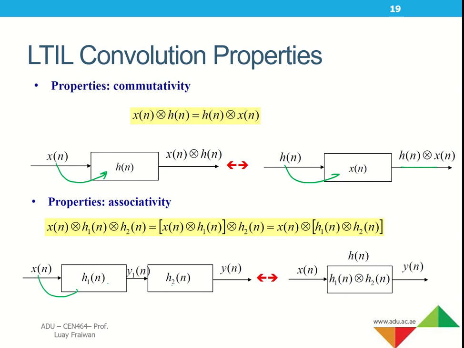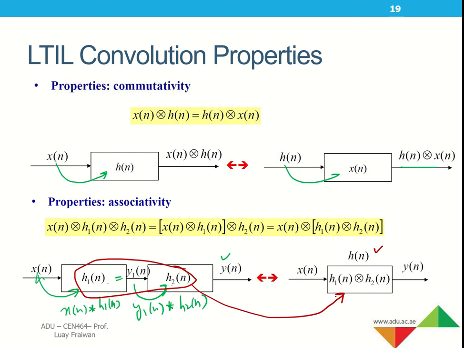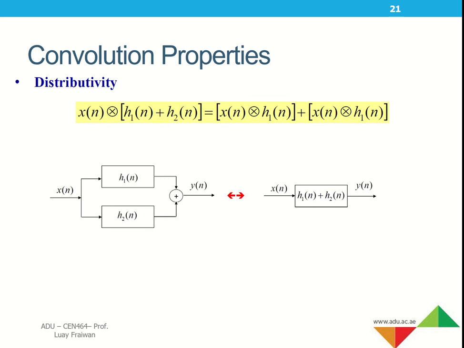The first way is you convolve x of n with h1 of n and you get one response, let's say y1, then you convolve this with h2 of n and you get the output response. The second way is you convolve h1 and h2 first, make them one single response, and then convolve with the input. Either way, the results will be the same. This is called the associative property.